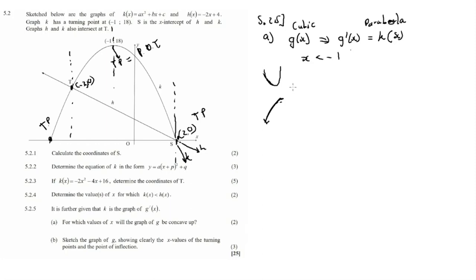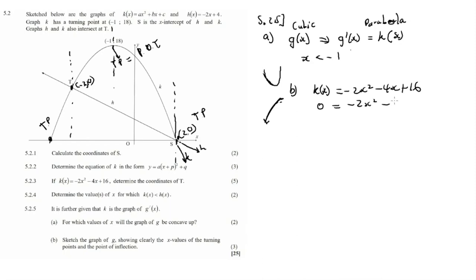So for B, before I can sketch, I need this coordinate. So k of x is equal to -2x squared minus 4x plus 16, equal to 0. I want the x-intercept.